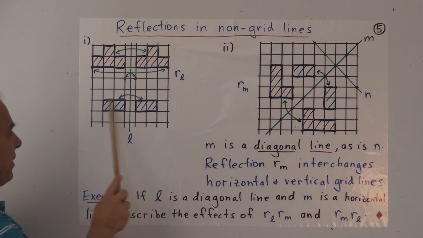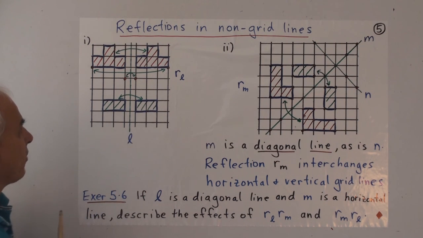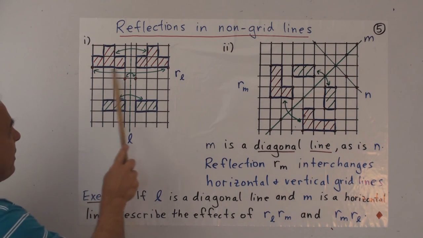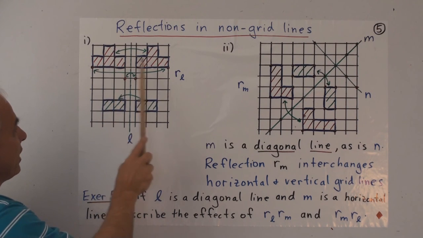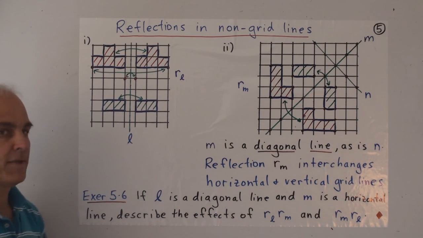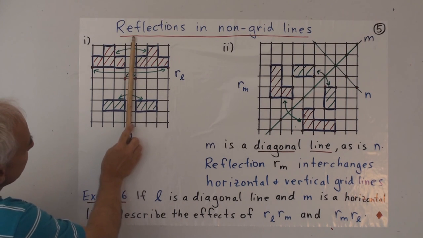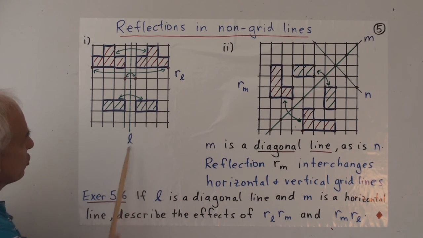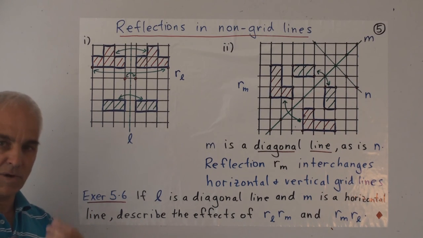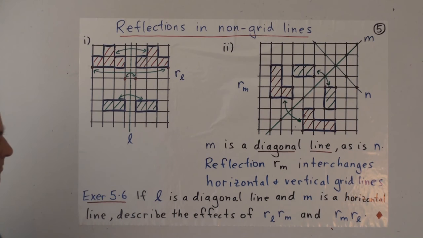Then you can check, for example, that this rectangle is reflected to this one, and that this polyomino is reflected to this one. It's a lot like the reflection in a grid line, except it's a little bit different because there's no actual grid line or grid points which are fixed, which stay where they are.